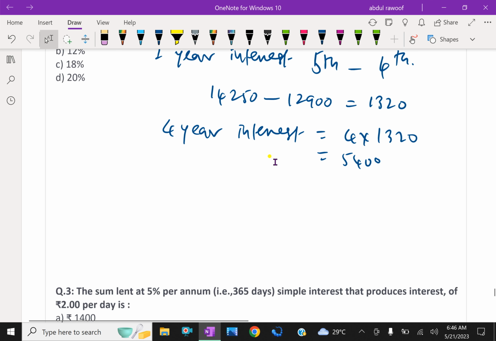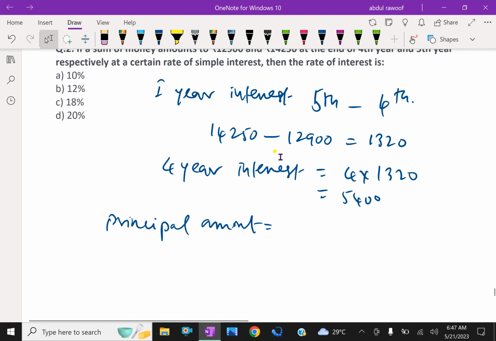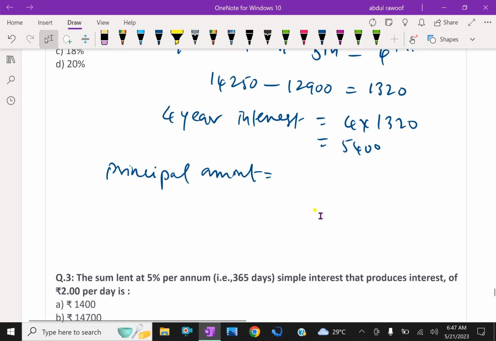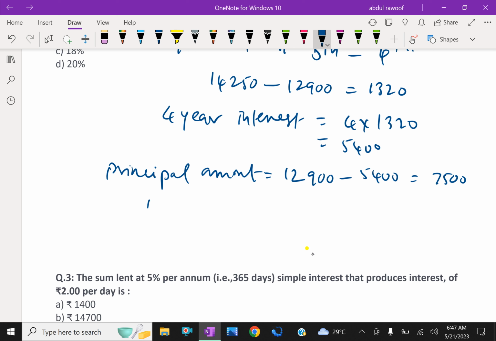Therefore, the principal amount is 12,900 minus 5,400, which is equal to 7,500.